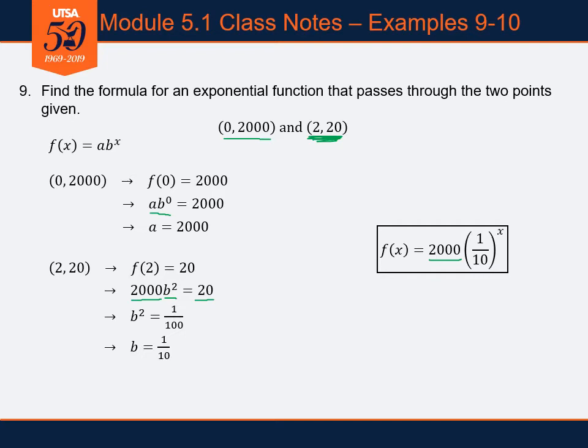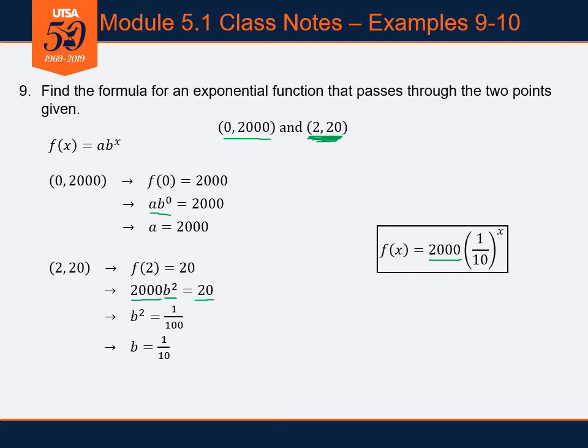So I'm trying to give a sense of the connections here and see that it does make sense. It's not just a bunch of numbers that we're throwing together haphazardly. We're creating a formula that models the information that we have.